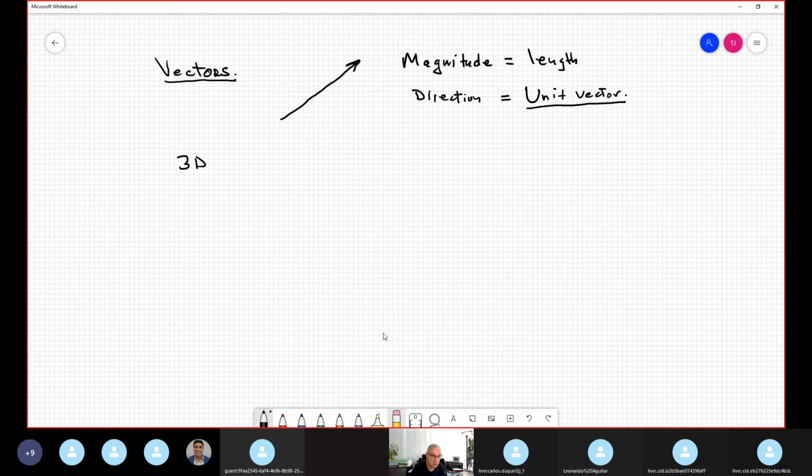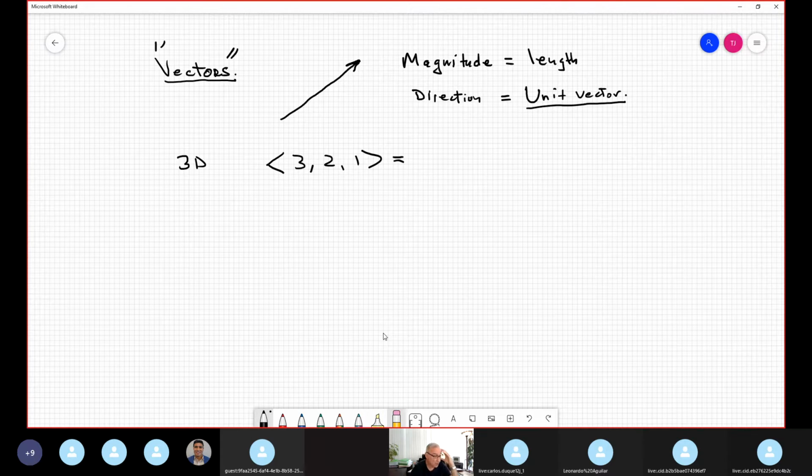The first is using angular brackets, 3, 1, or 2, 1. In my paper, I have 2, 1. And this is equivalent. When you see angular brackets, it's because it's a vector.